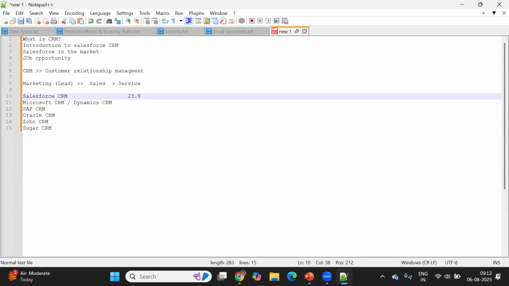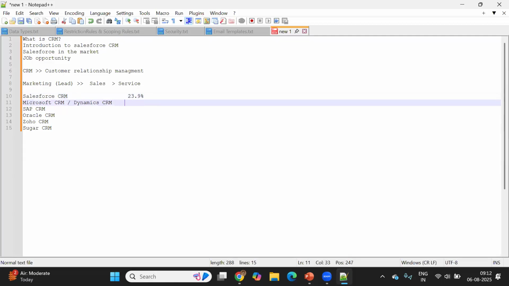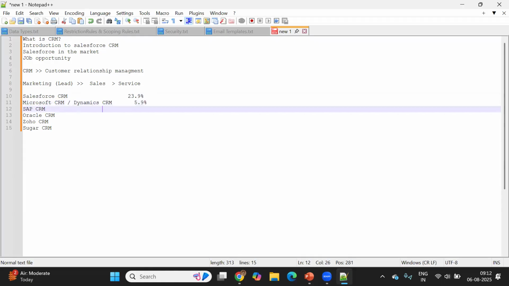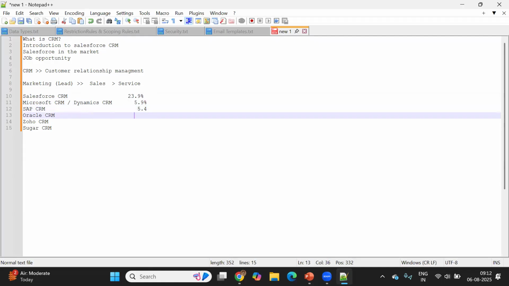Microsoft Dynamics CRM occupies 5.9%, and SAP CRM almost 5.4%. This is the current market share of different CRM applications.